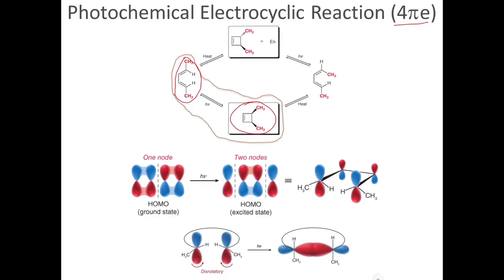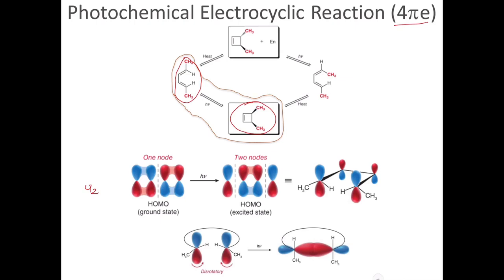But now we are using light, so our HOMO is going to be the one where an electron has been excited. So because there are 4 carbon atoms, the HOMO is supposed to be psi 2. Okay? So that means we utilize 4 electrons.